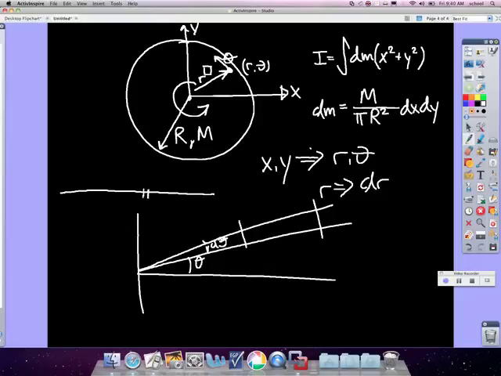Okay, so last page. So we have dm over pi r squared, I equals the integral of dm times x squared plus y squared. Sorry, there's dx dy up there. And so we know from our change of coordinates, going from x and y to r and theta, that dx dy is going to be r dr d theta.